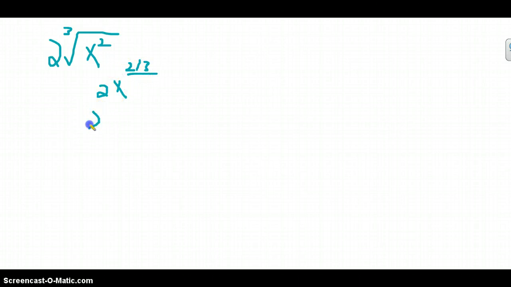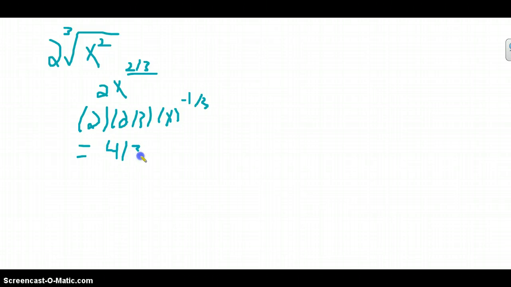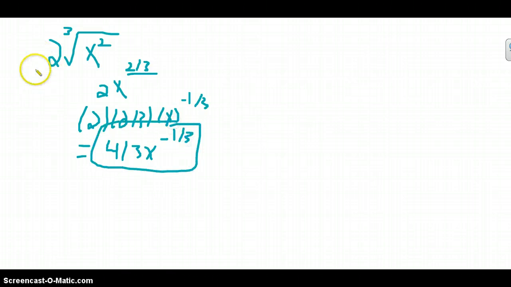So 2 times 2 over 3 times x, right? And then the minus 1 is negative 1 over 3 again, which equals out to 4 divided by 3 x to the negative 1 over 3. That is your derivative for that.